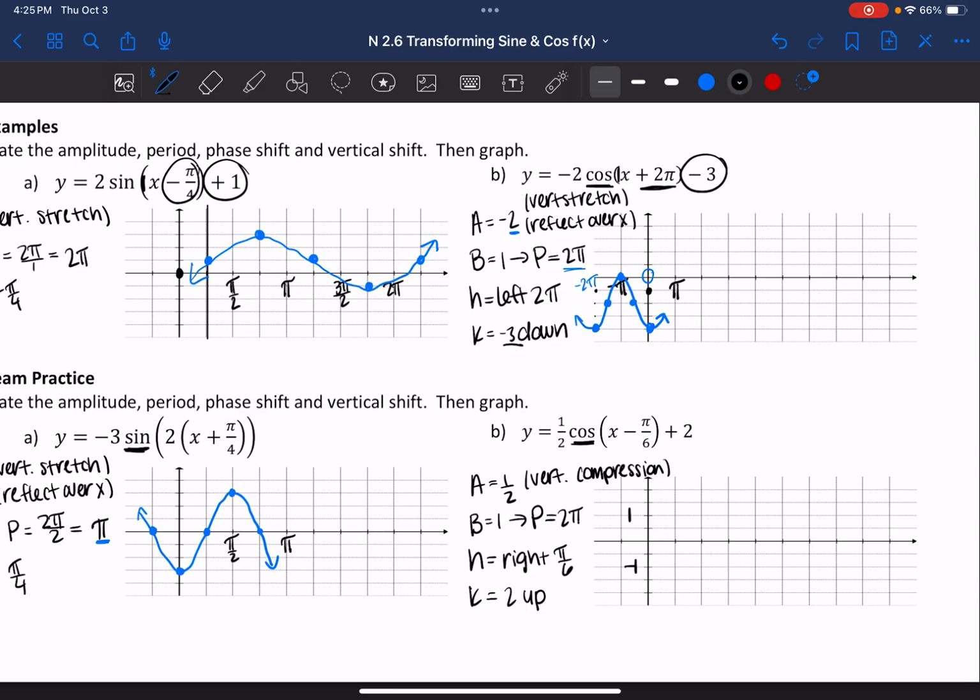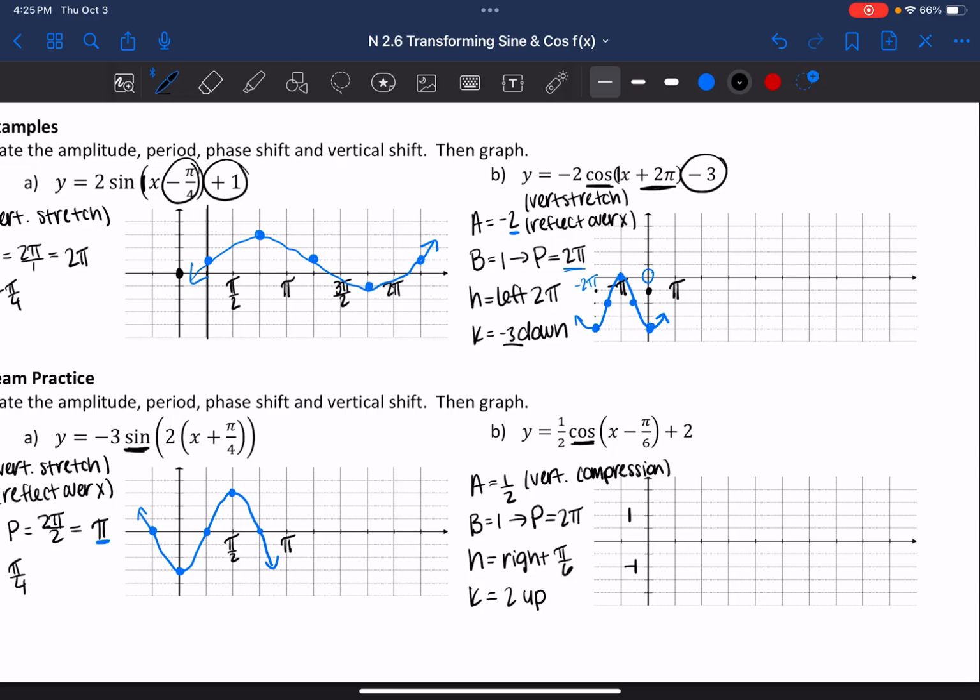All right, and then pi/6, if I'm moving to the right pi/6, and each line is pi/4, then that's going to make pi/6 in between the lines here.